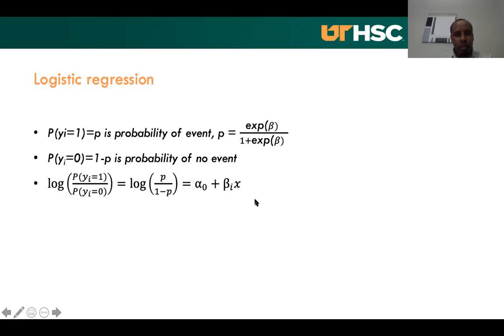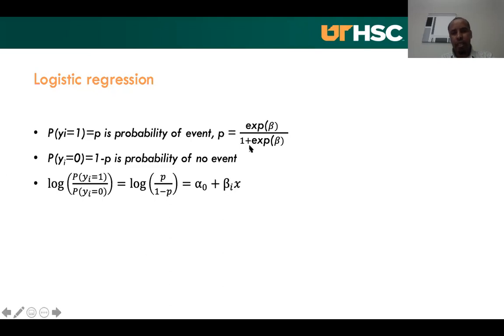In the previous slide, we looked at the logistic regression formula, the log of p, where y equals 1, divided by p, where y equals 0. The probability of the outcome being 1, or yes, is the probability of the event.